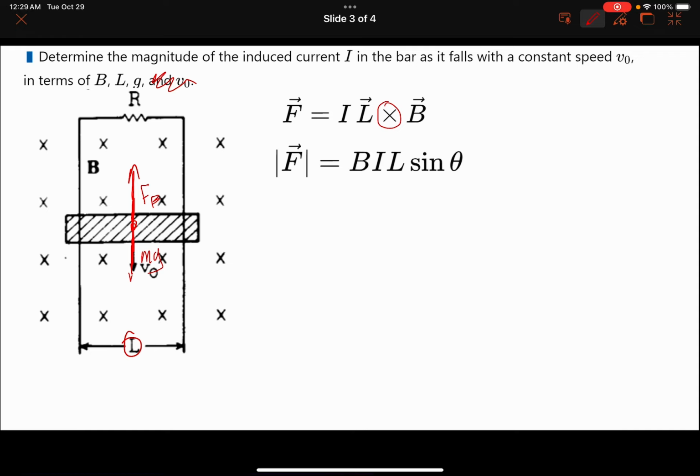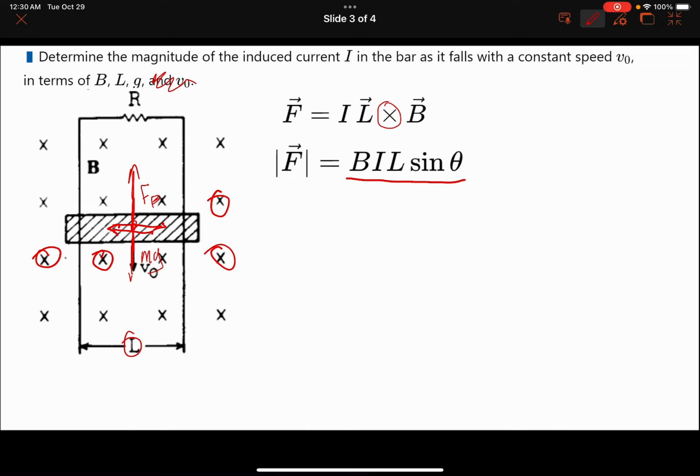So we can take the magnitude of both sides, and the magnitude of the cross product turns into B I L sine theta, where theta is the angle between our magnetic field and the induced current. You might be wondering, what is that theta? If the magnetic fields are going into the page, and I have a current going either this way or this way, we're going to determine that too.